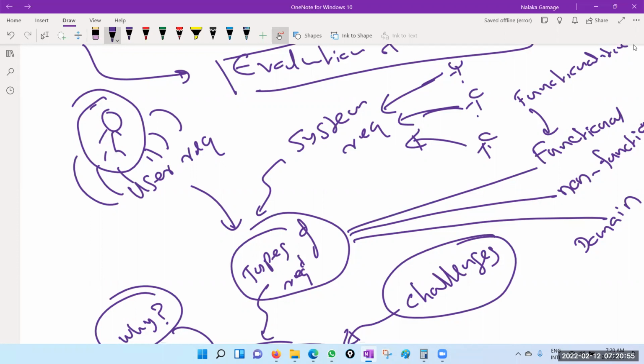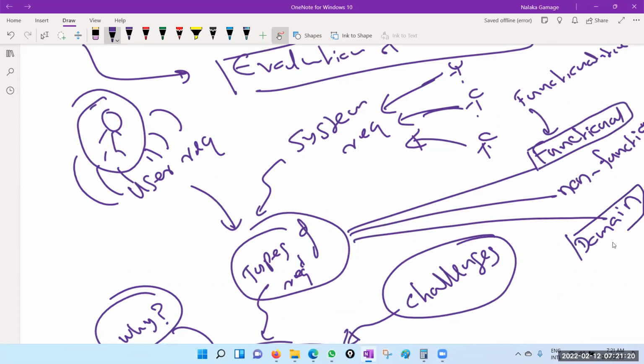Whenever the goods are dispatched, we have to update the inventory. We need these kinds of reports, daily reports, monthly reports. Those are called functional requirements. They are pretty much the user requirements and some of the system requirements.